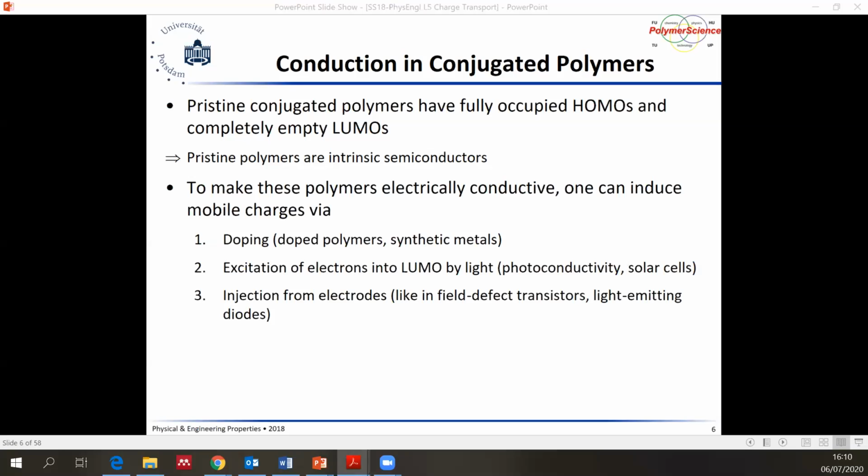So we no longer have band-like transport as would be the case for, say, silicon, but instead we have a hopping mechanism. So hopping of electrons between the localized LUMO, or the hopping of holes between the localized HOMO states, has to be considered when we talk about movement in organic semiconductors.